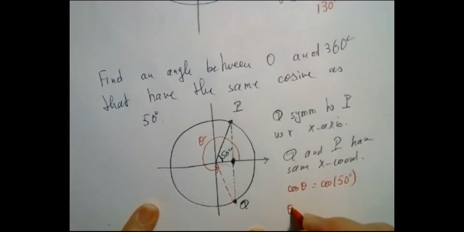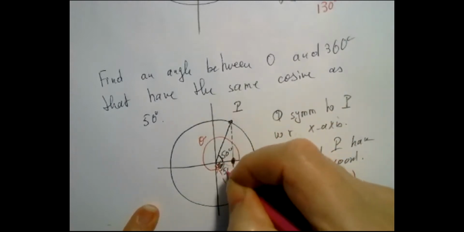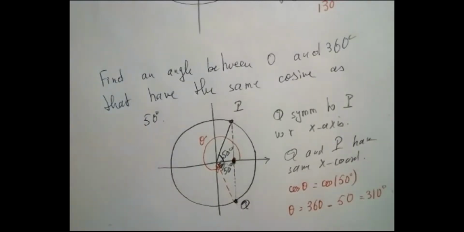So what is theta? Now I look at the picture. If this is 50, this down here is 50 as well. So theta is going to be 360 minus the 50 degrees, which is 310 degrees. So that's really two angles. They have different angles, but they have the same cosine because of this picture, right?